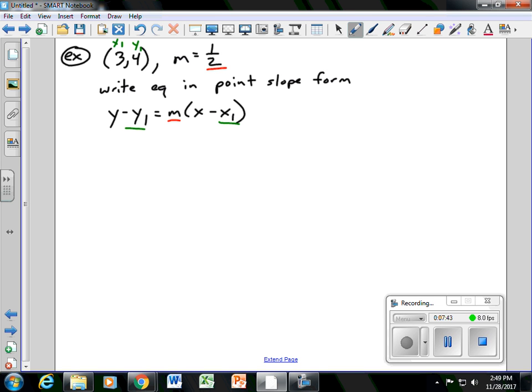So let's plug in that information. I get y minus 4 equals 1/2 times x minus 3. And that's it. You don't need to go any further because they told us to write the equation in point-slope form.